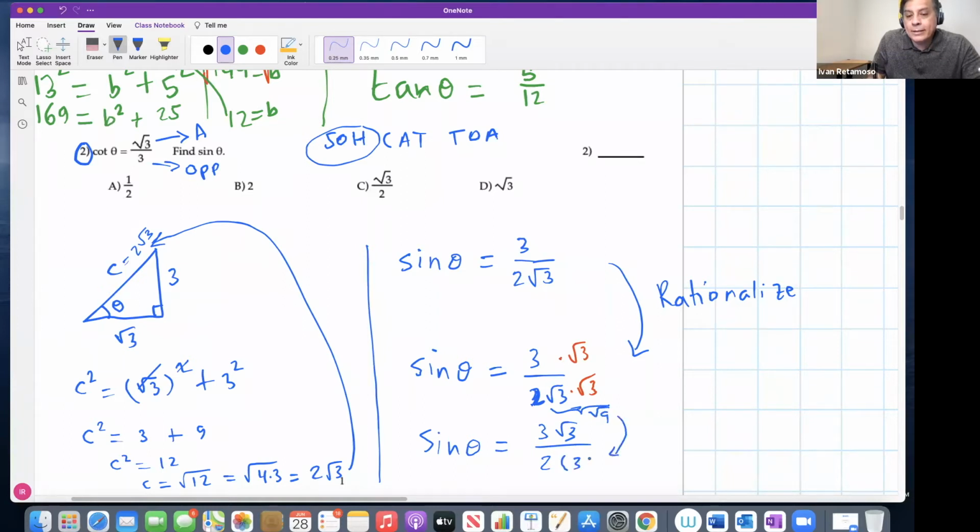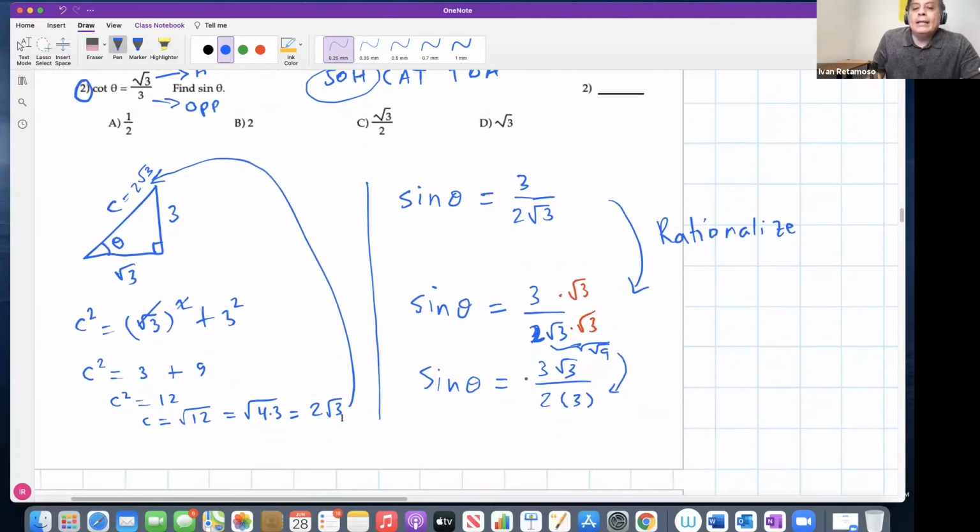It's a very tricky problem, yeah, 3. And in turn, this number 3 cancels with this number 3 on the top. So believe it or not, guys, sine of theta here equals square root of 3 over 2. Okay, so this guy. Very tricky problem. Check it out at home. Keep it in mind.